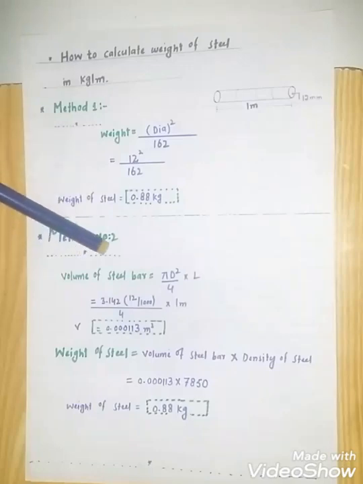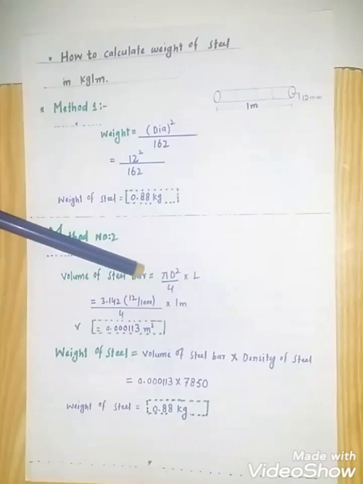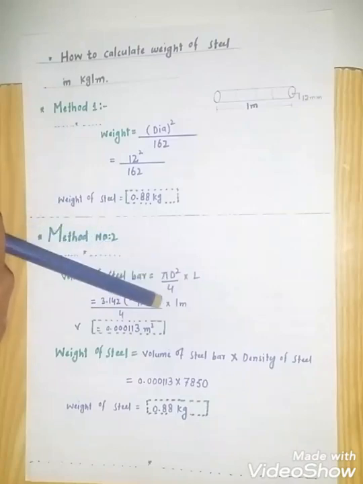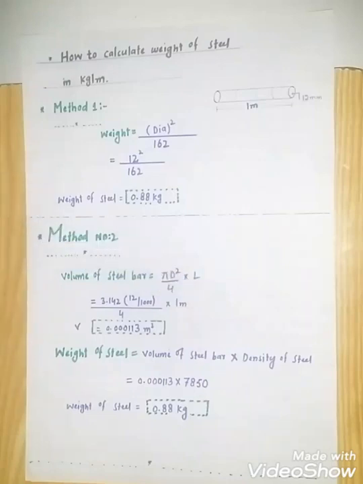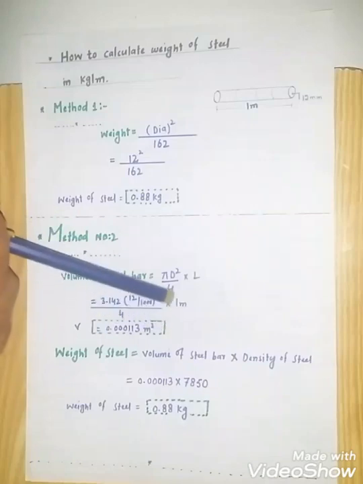Now explain the second method. In this method, first of all, you need to find the volume of steel bar, which is equal to pi d square divided by 4 multiplied by length of the bar. Now put the value in the formula. 3.142 multiplied by (12 divided by 1000) square divided by 4 multiplied by 1 meter.